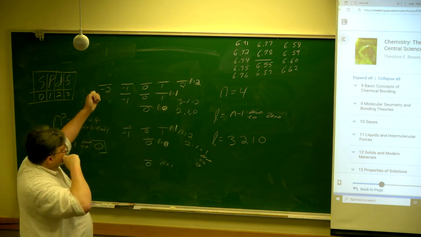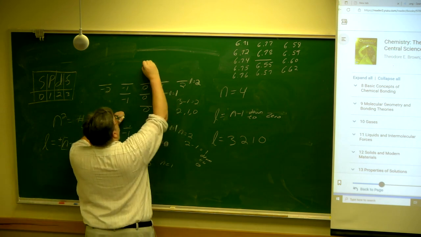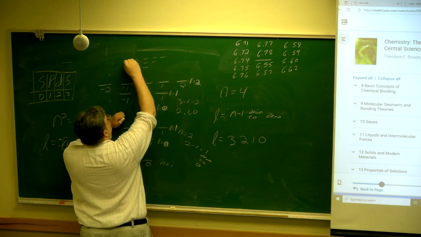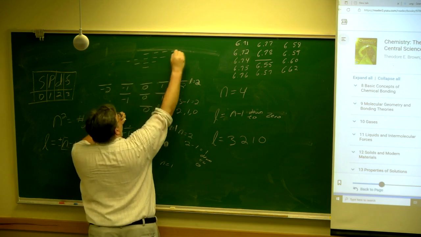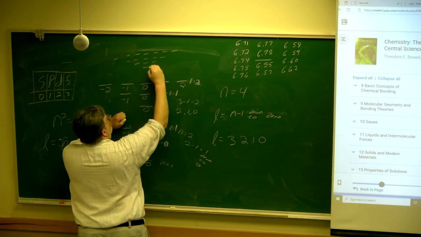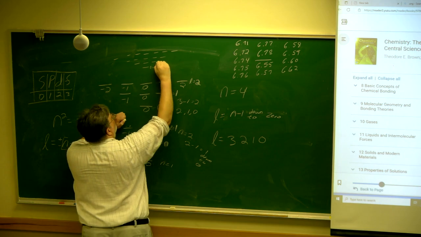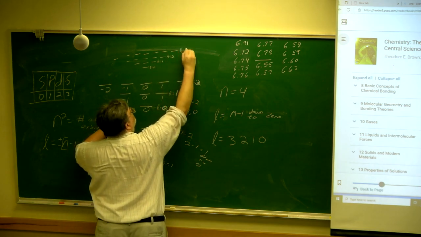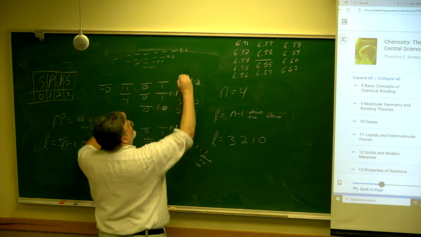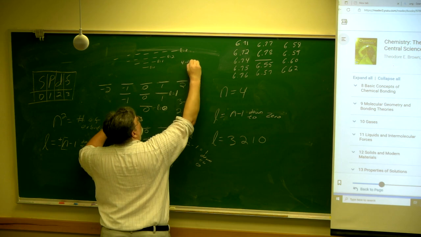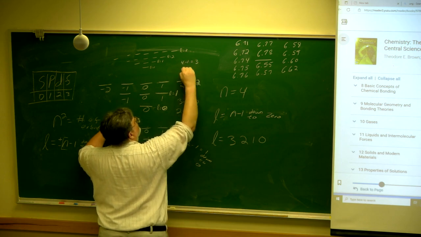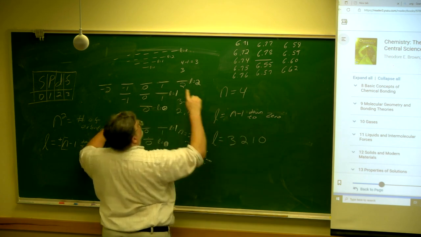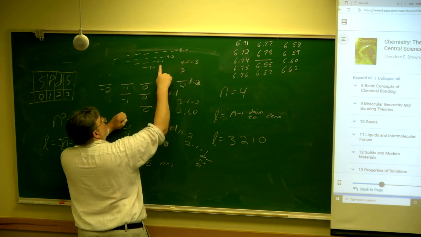So if you're at the n equals 4 level, 1, 3, 5, 7. And this is L equals 0, L equals 1, L equals 2, L equals 3. So therefore, 4 minus 1 equals 3, 3 down to 0: 3, 2, 1, 0.